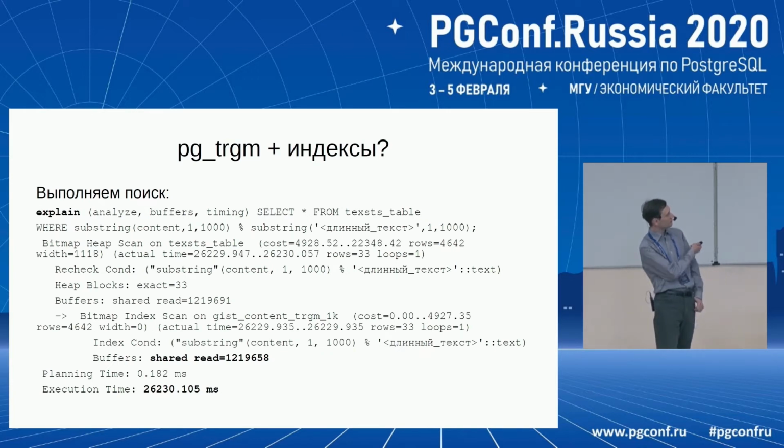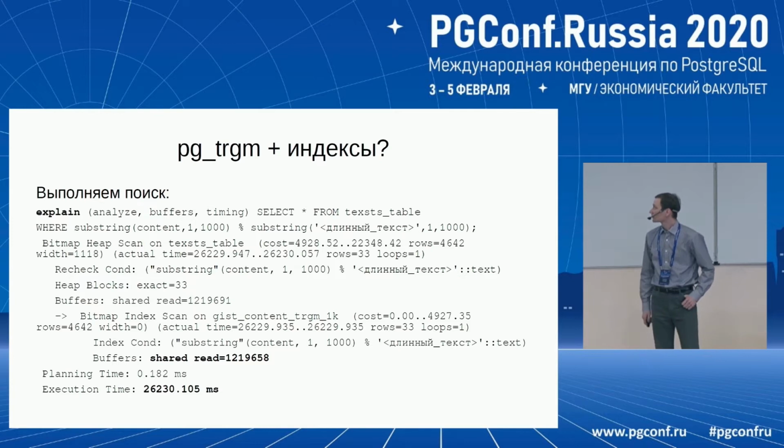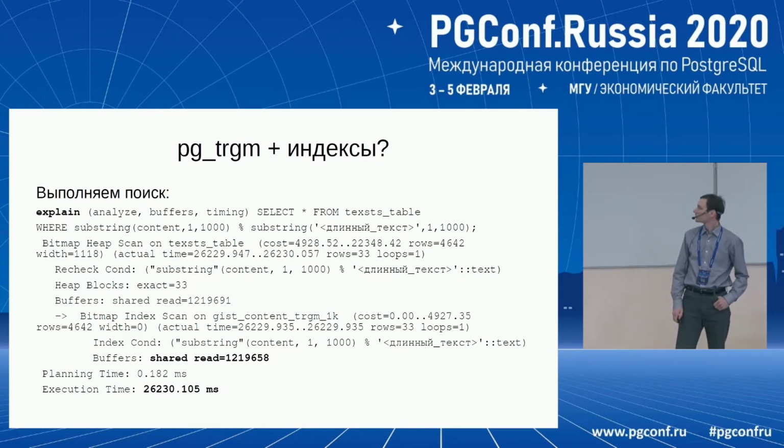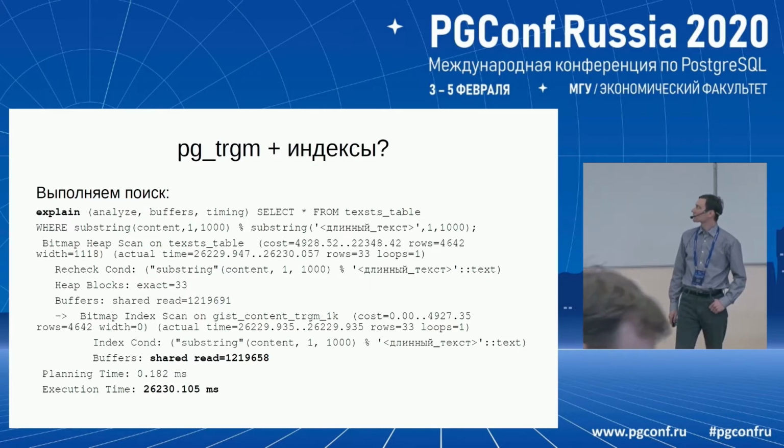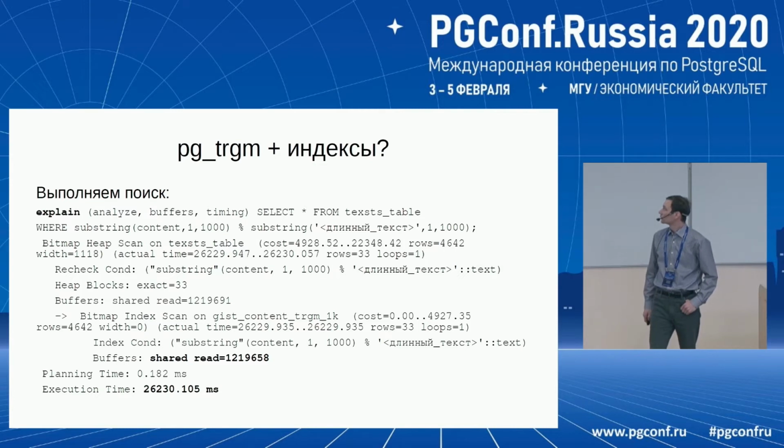So here comes the query. We see that it went according to the index. It's a similar text search, and it is using the index. It went to the index and captured 1 million to 200,000 blocks, and it took around 26,000 milliseconds.